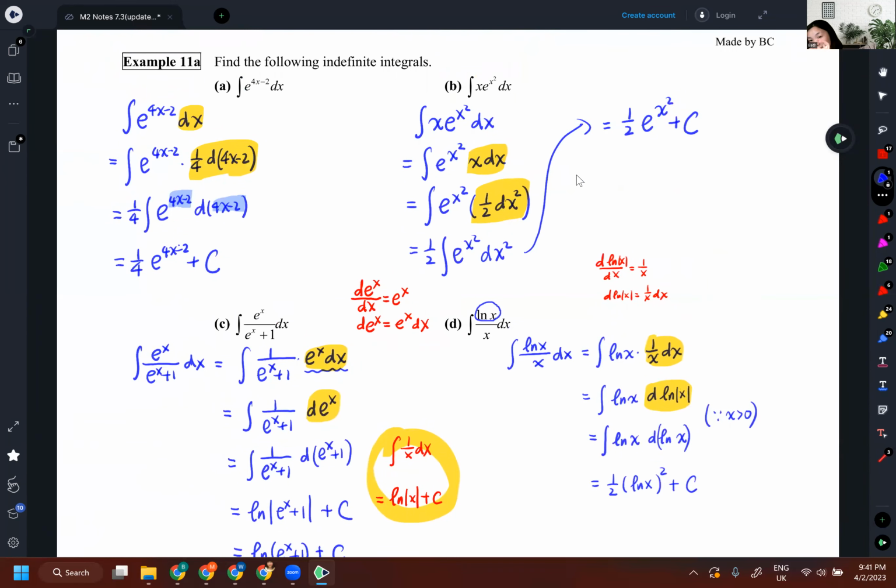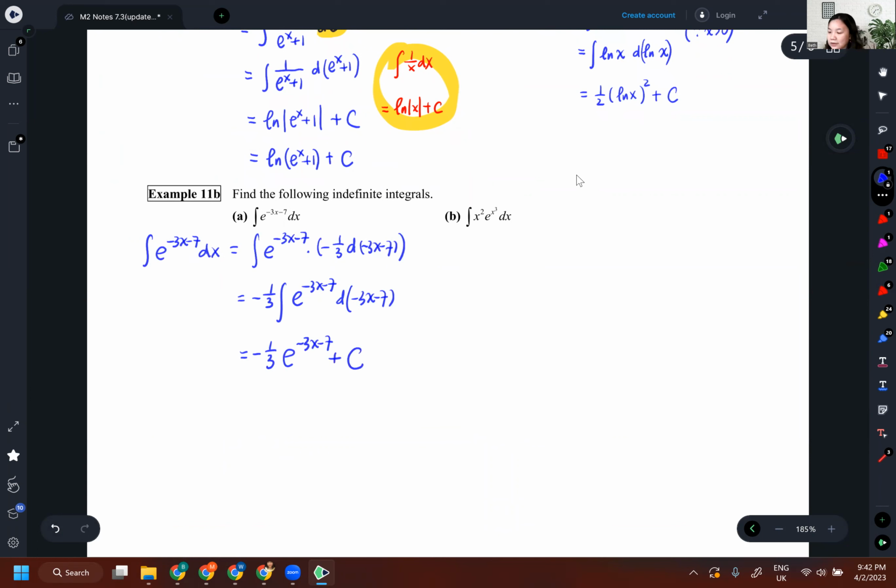Oh, sorry, -3x - 7. And that is -1/3 e to the power -3x - 7. Let's see.